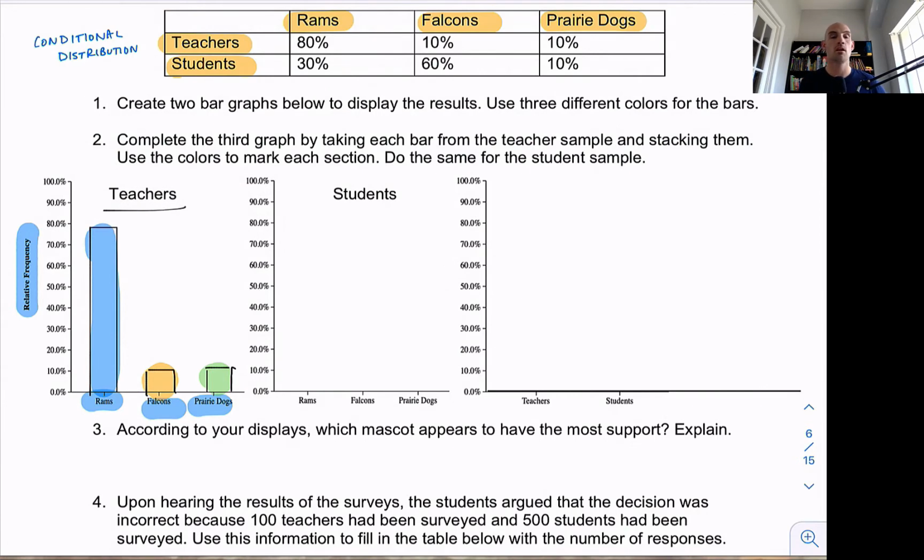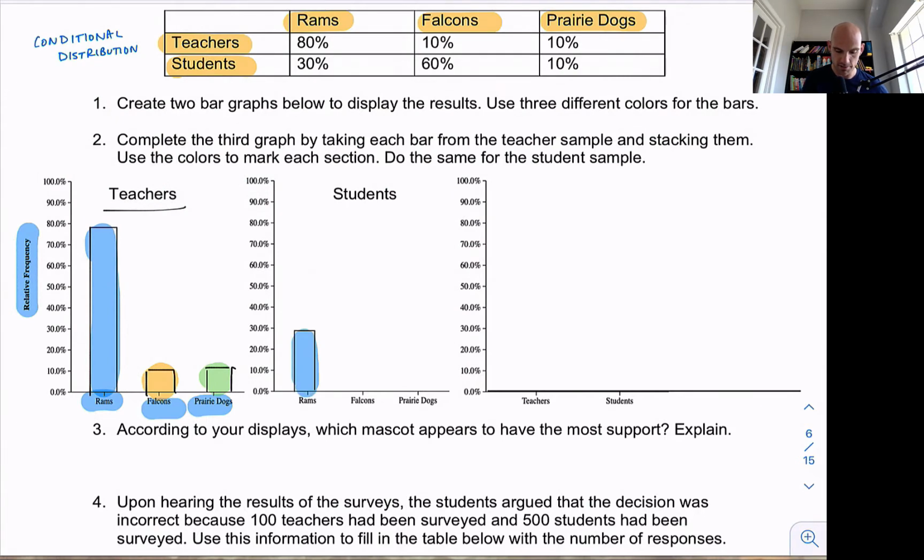Switching over to the student side. Notice we have the same three categories. We have different percentages, which is important. And so when we do our students, the Rams portion was 30%. So let me draw myself 30 here. We're going to make that blue so we can compare apples to apples.